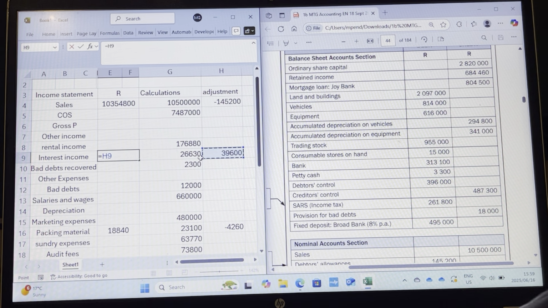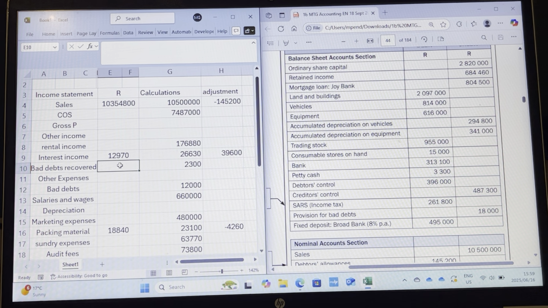Means that the difference is still receivable. The difference between the total less that amount, and 12,970 worth of interest is still receivable. But we're not going to take this one away. So our total is in essence supposed to be just the 39,600.